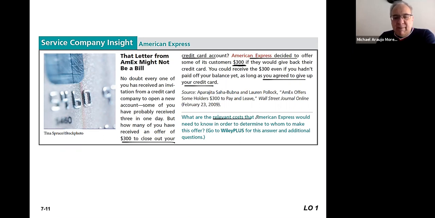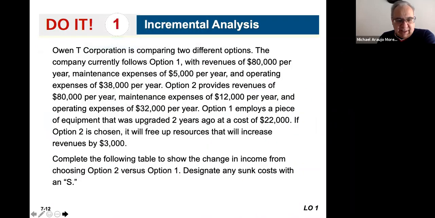And thus they decided that it's worth it, really, to choose option A, pay them $300 to close their account, over option B, leave their account open. They saw value in closing these particular accounts, and they used incremental analysis to do it.